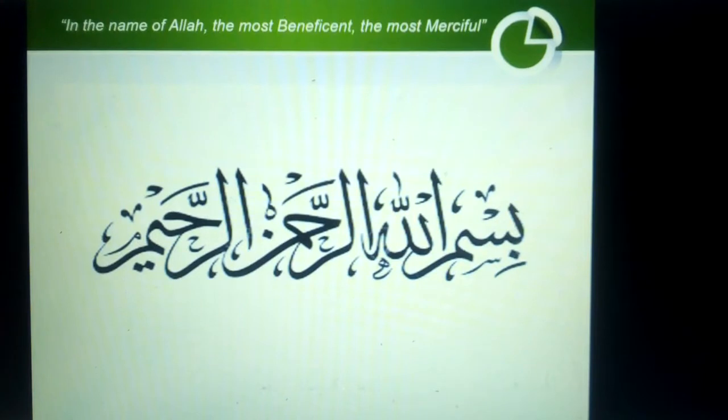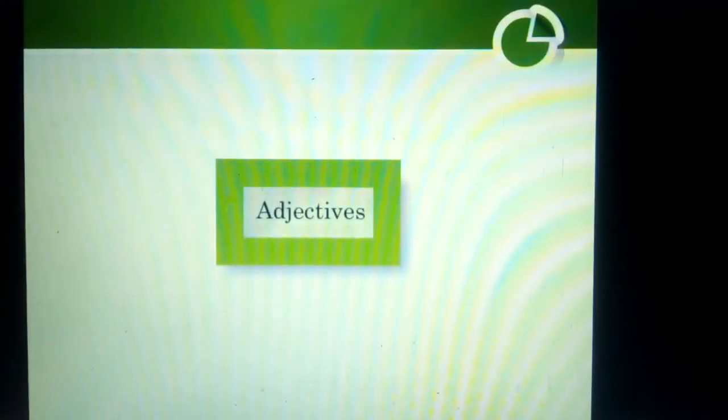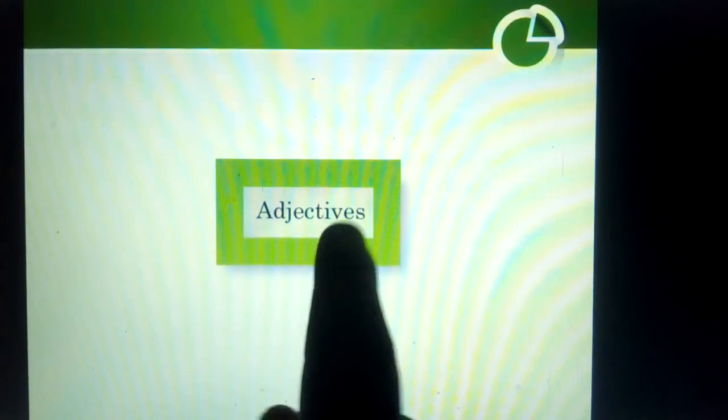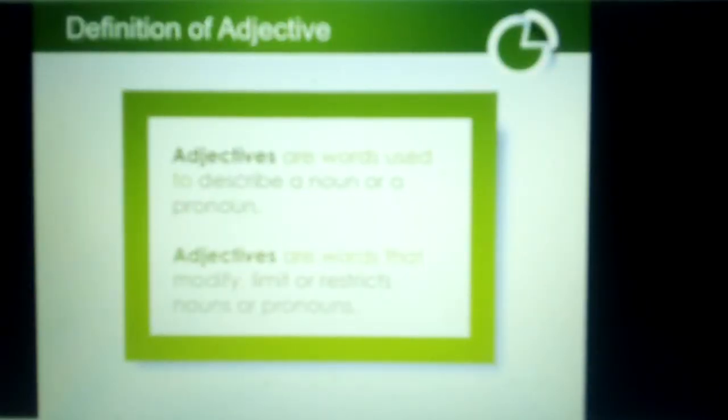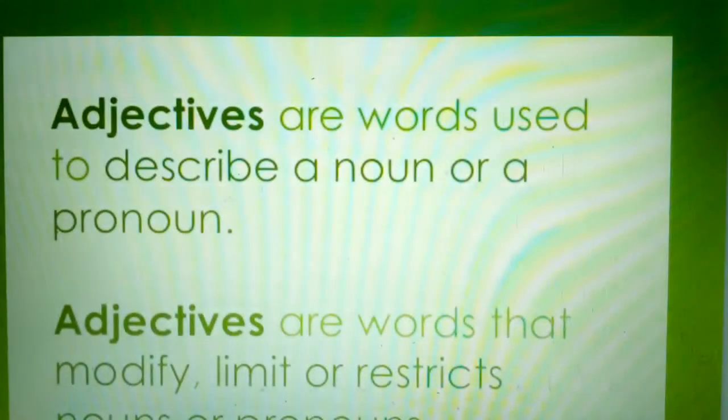I am Imran and today I am going to tell you about adjectives. So first of all, I would like to tell you about the definition of adjective.